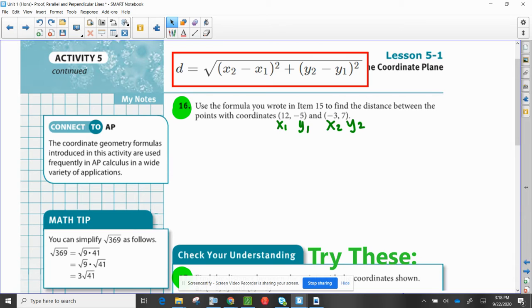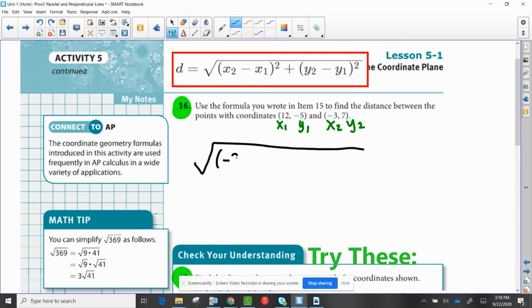So I'm going to go ahead and substitute this into my formula now. We have the square root of x2, which was -3, minus x1, which was 12, and we're going to square that.